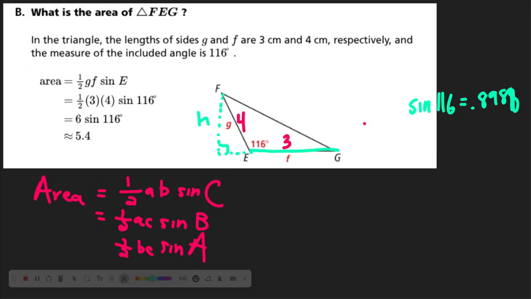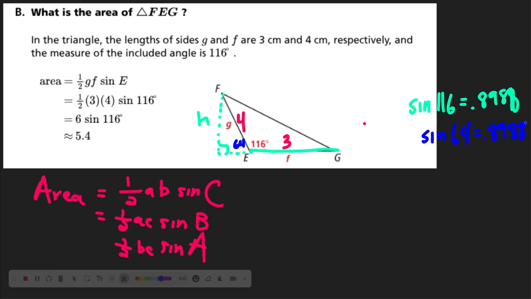Now, what's the supplement to 116? 180 minus 116, 64. What's the sine of 64? It's the same thing. That's why this works.